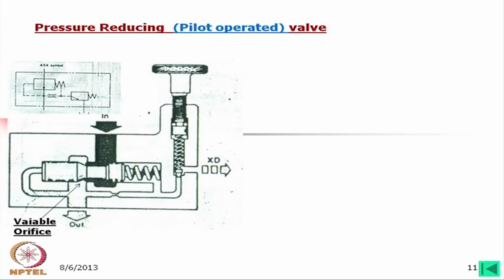Now, what will happen if this total flow is not utilized in this side? This pressure will increase to the set pressure here. In fact, most of the time the pressure here will be just above the system pressure supplied by the system line.